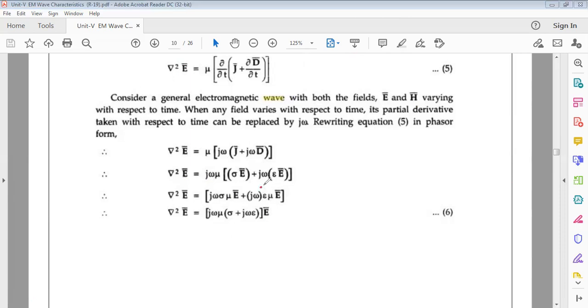Del square Ē is equal to jω μ σ Ē plus, here jω and here also jω.